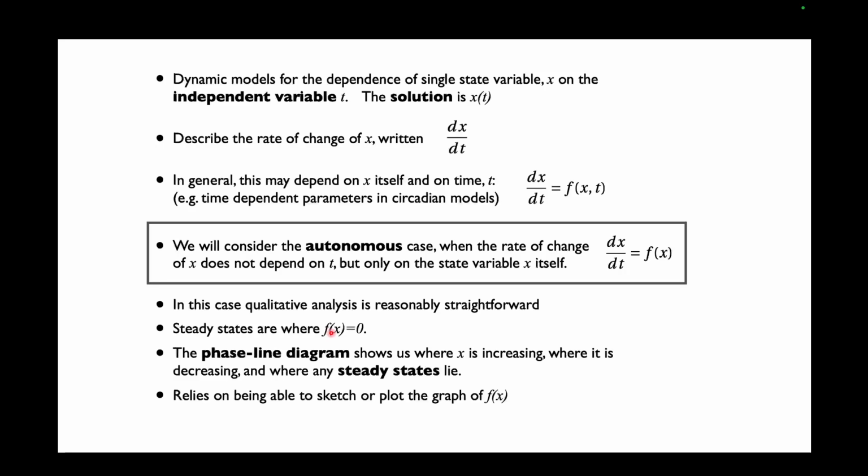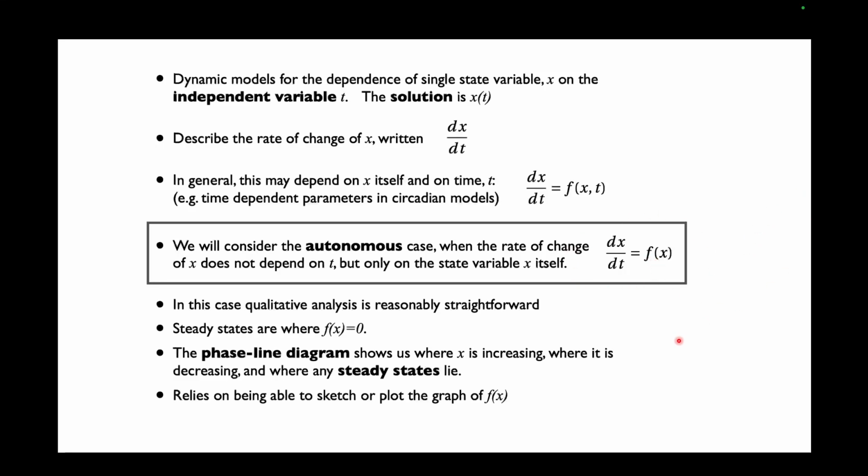Just to keep in mind, f(x) is not describing the relationship between x and t. What it denotes here is a relationship between dx/dt and x. When we do integrations and differentiations, we start with y equal to f(x), and then we differentiate y, so dy/dx, and we differentiate the right hand side as well, so f dash x, d/dx of f(x).